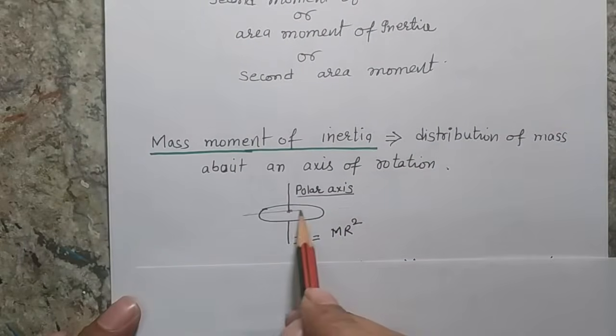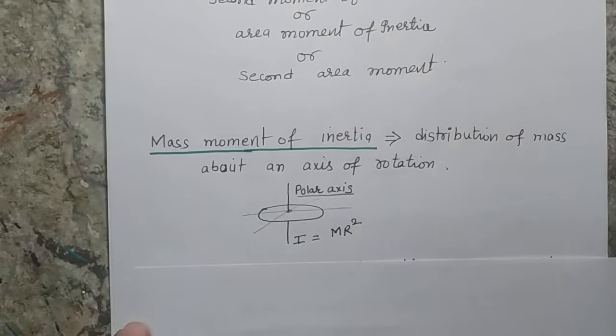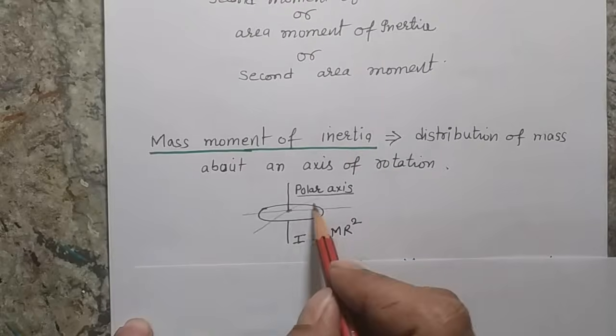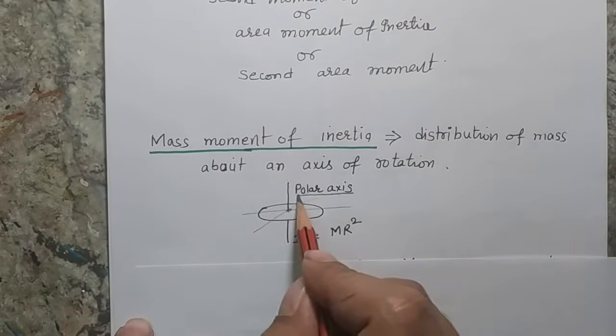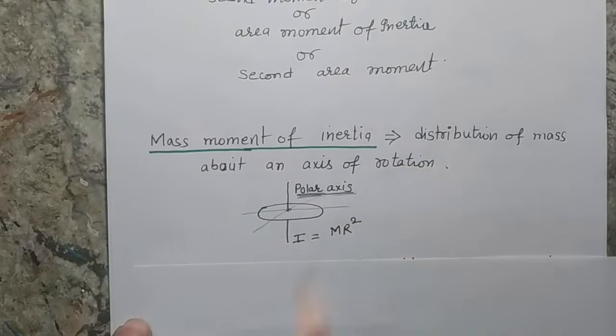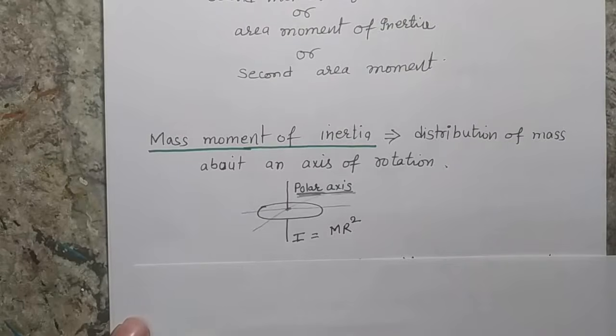An axis which passes through the center but lies in the plane is known as an axis in the plane. We should remember the term polar axis, because it will be used in the study of the second moment of area.